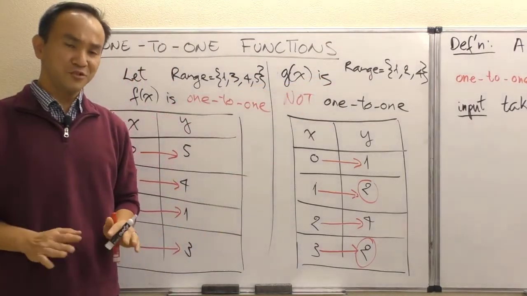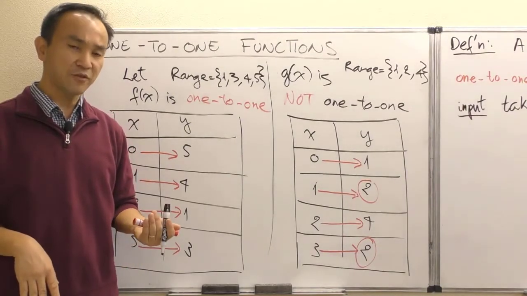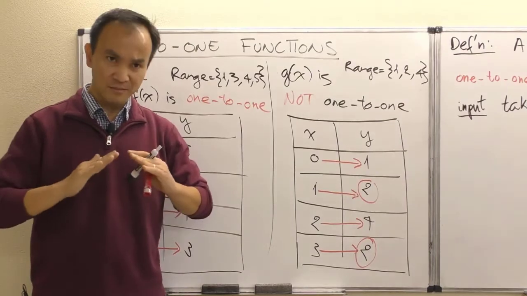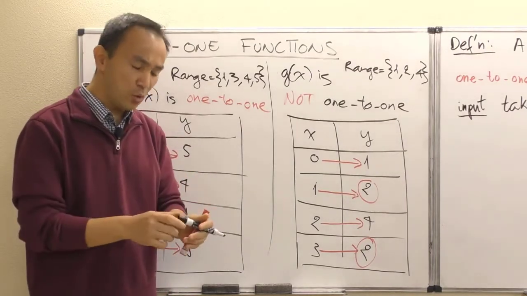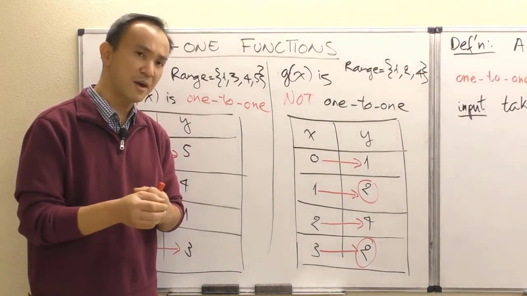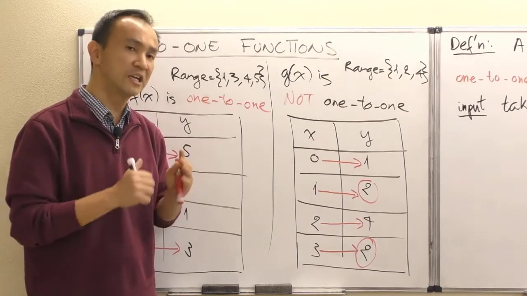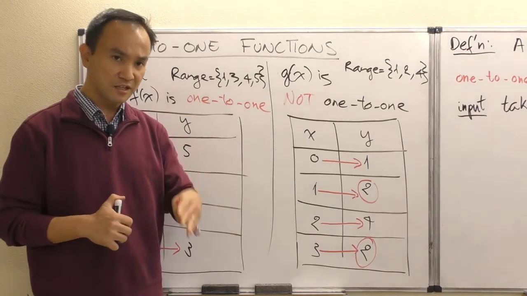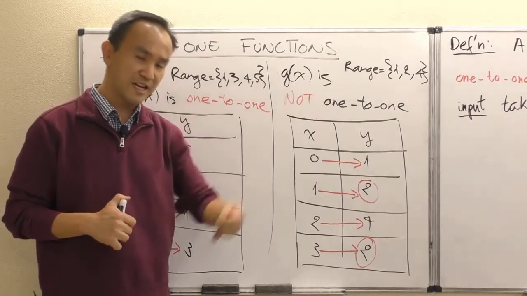All right, and so now at this point, let's get ready for looking at some examples. This concept of being a one-to-one function is actually a big concept. It's not small. It's going to lead into many other important topics later in this class, and also in more advanced courses.